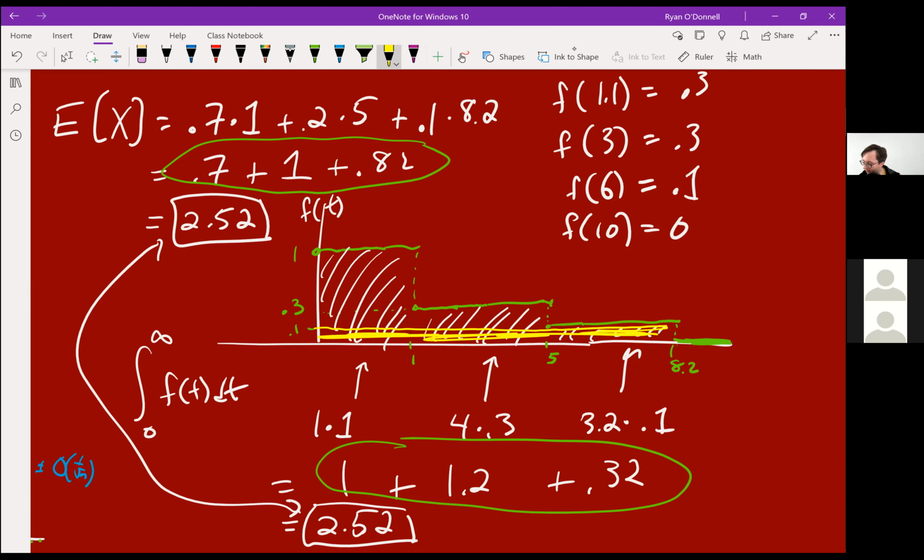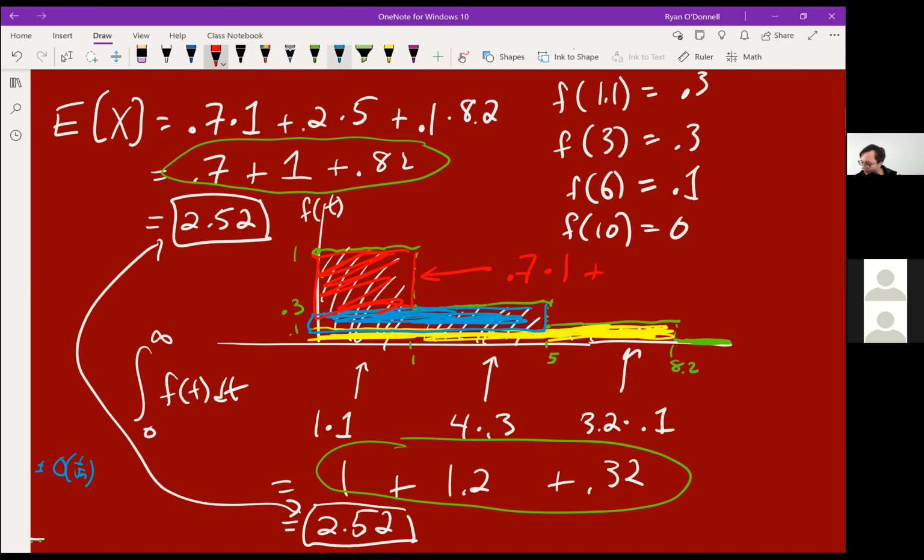It's this rectangle, Mr. Yellow, plus this blue, Ms. Blue over here, and red over here. And if you compute it this way, see this one, the height is 0.7 and the width is 1.